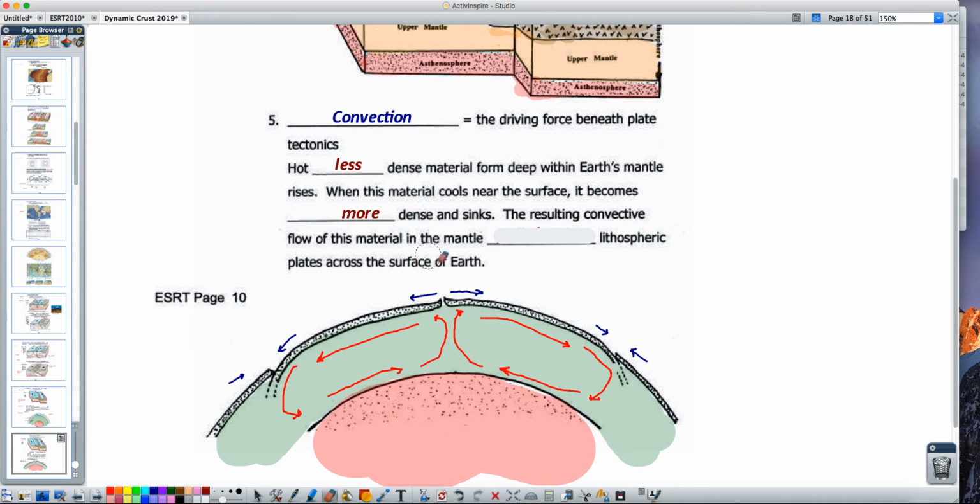This motion causes the pushing and pulling of these plates, and it causes the plates to move. And all this is because of this tremendous heat down here coming out of the core, or coming out of the stiffer mantle actually, causing this to circulate in the asthenosphere.